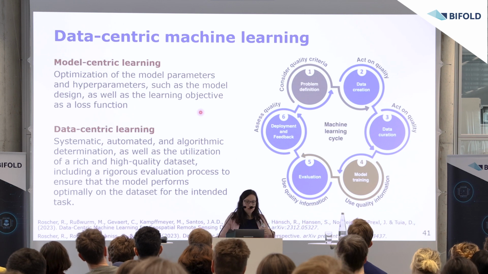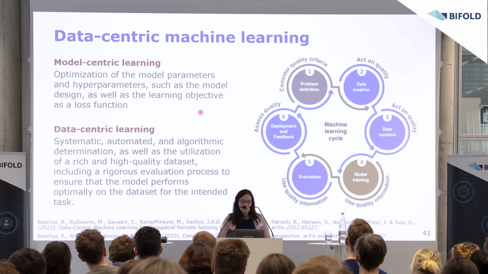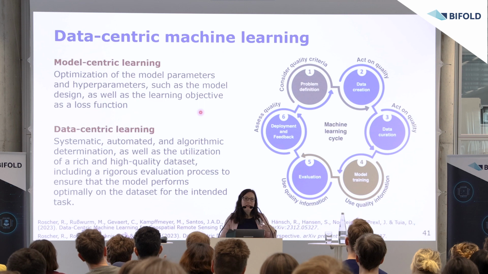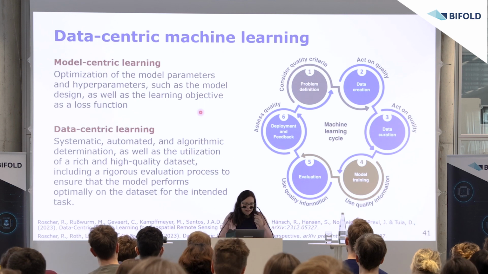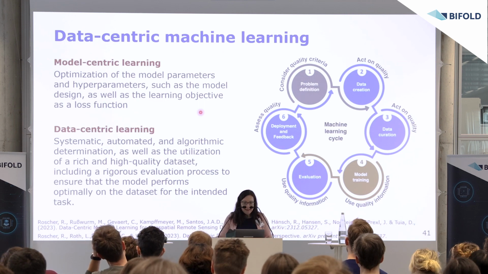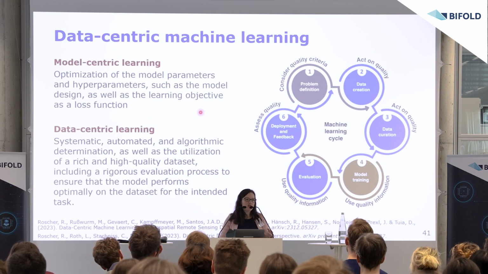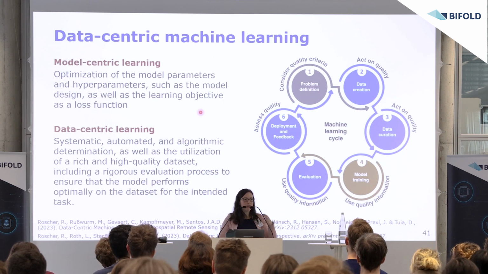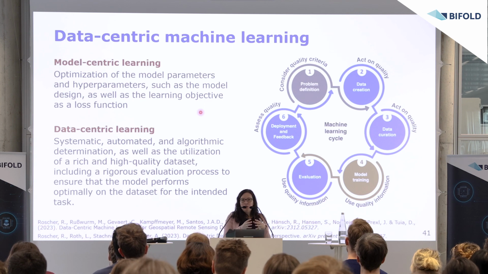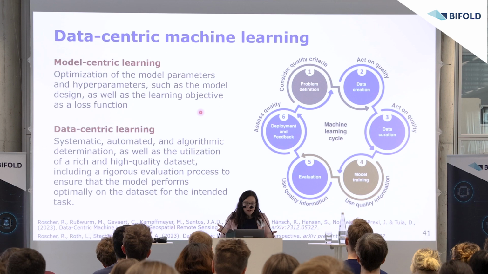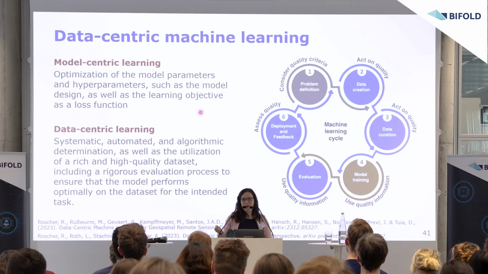That means we focus on model parameters, hyperparameters, loss functions, and so on. That's all okay, but first of all, this learning paradigm oftentimes treats the data as a static benchmark. So it stays as it is, and we do not really care about it. And moreover, most of our models and methods already saturate on this benchmark.